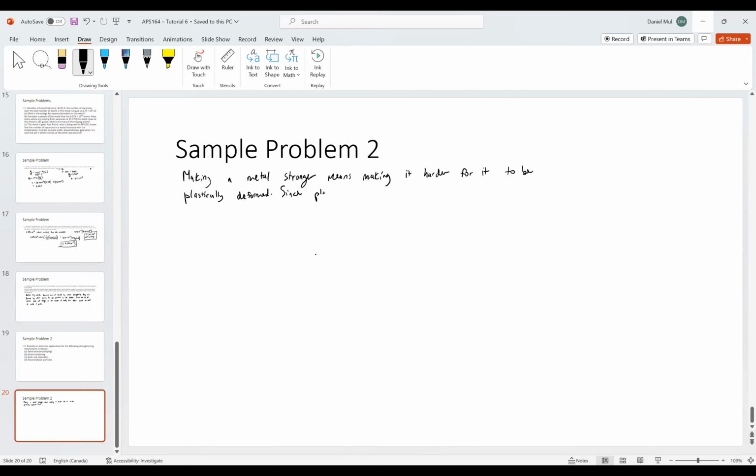Since plastic deformation in metals happens through the movement of dislocations, what we want to do is to make it harder for dislocations to move.